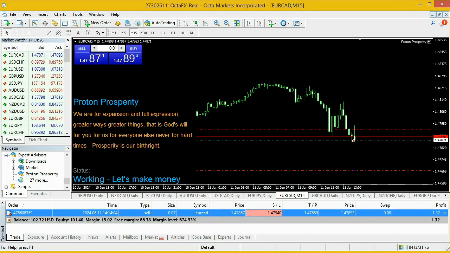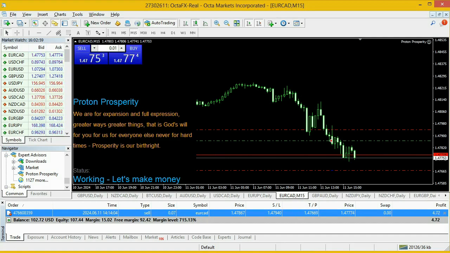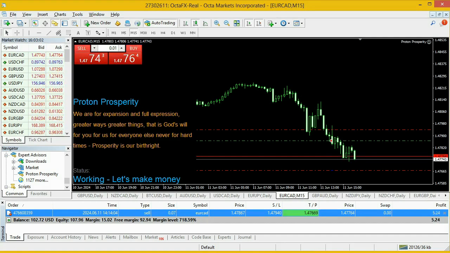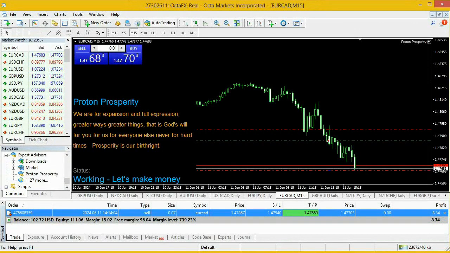Moving forward, 1 hour 45 minutes later, we are halfway to our profit target. Two hours 13 minutes into the trade, this is where we are. Almost there.